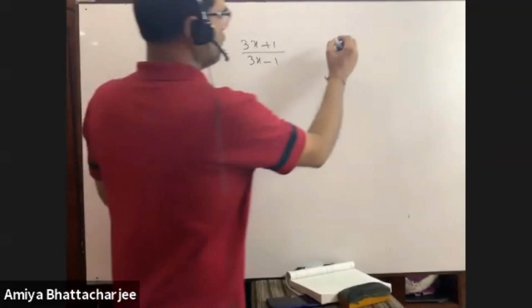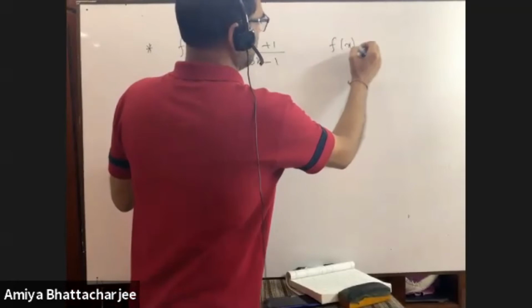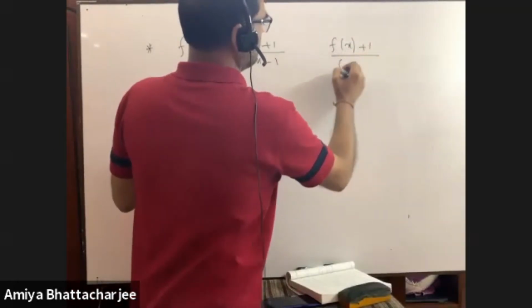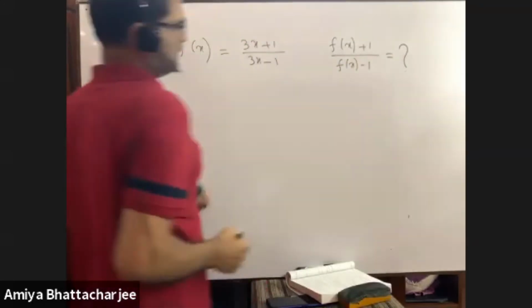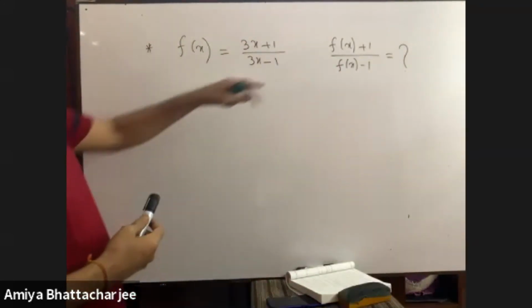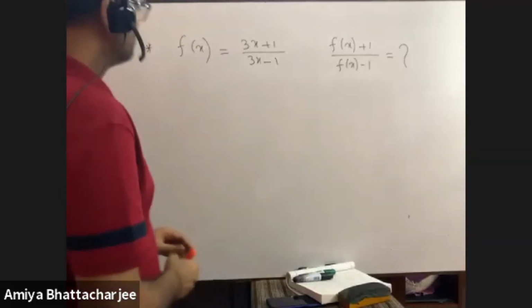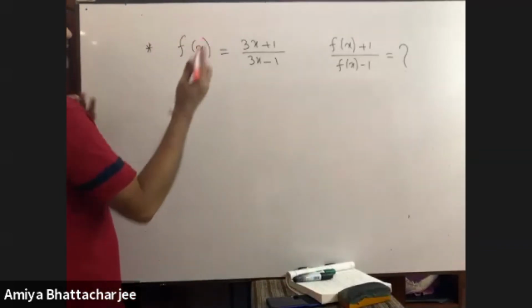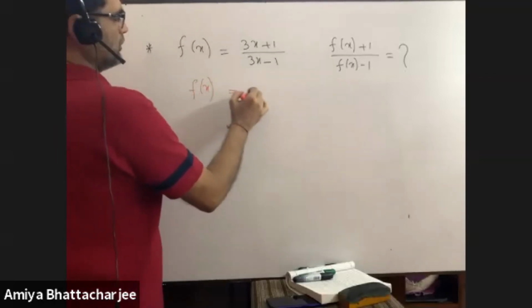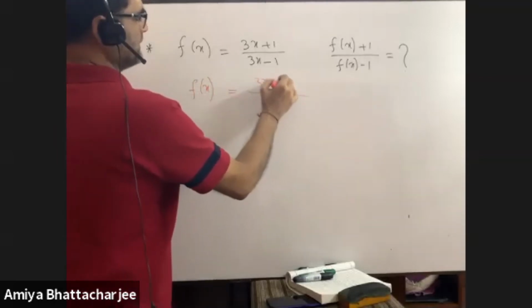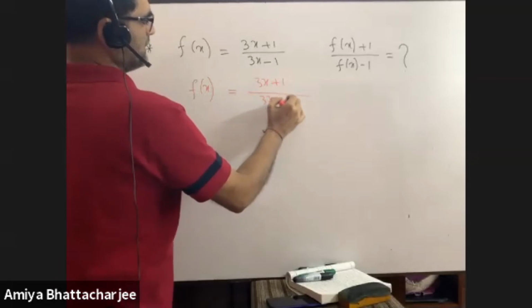What is the question? f(x) plus 1 by f(x) minus 1 equals what? Then what will you do? You will just put the value here, right? It is given f(x) is equal to (3x plus 1) by (3x minus 1).